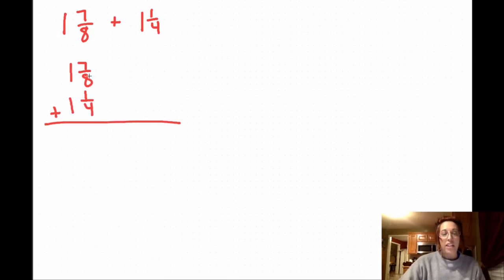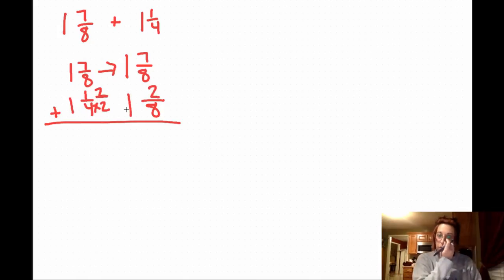We take our fractions and get a common denominator. 4 will go into 8, so 8ths will be our fraction. 4 times 2 is 8. 1 times 2 is 2, and our 1 comes straight over.